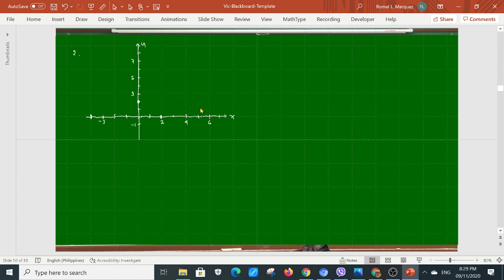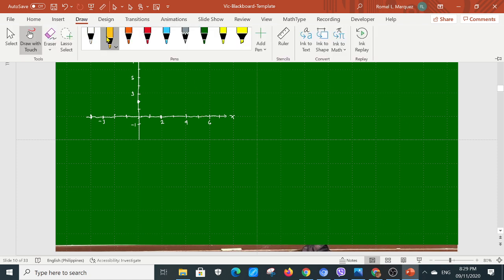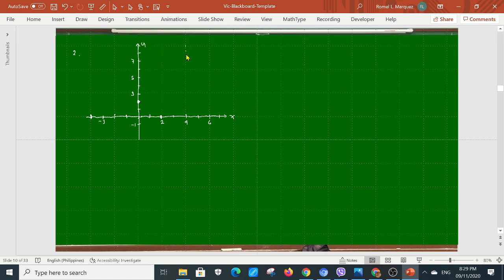Around here, let's say I have an asymptote. And then I have this graph. Here I have this value 7, but it is open there.